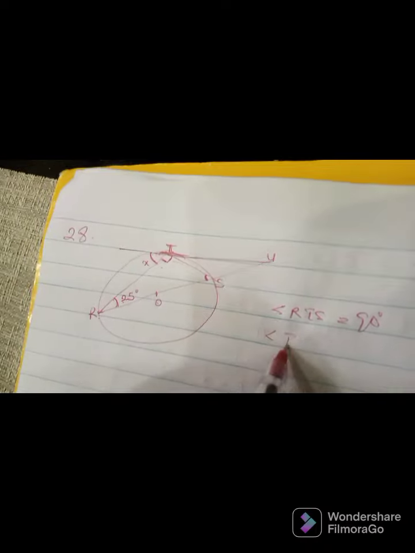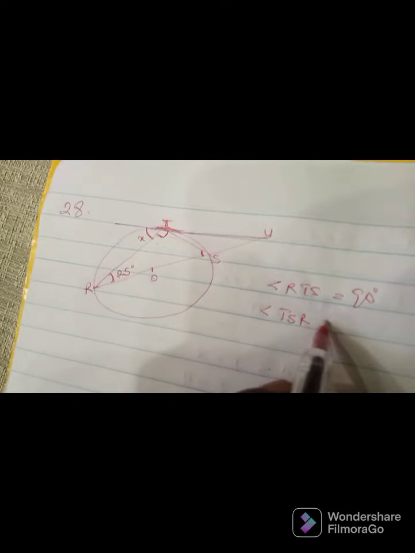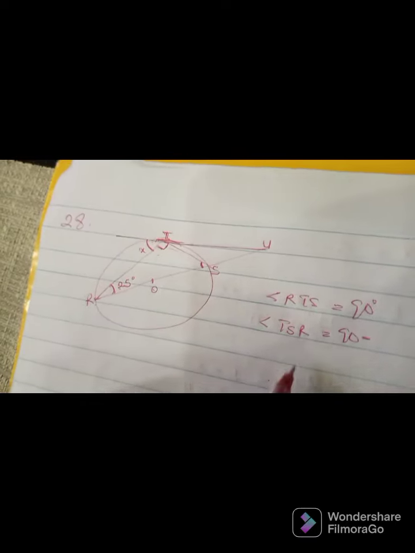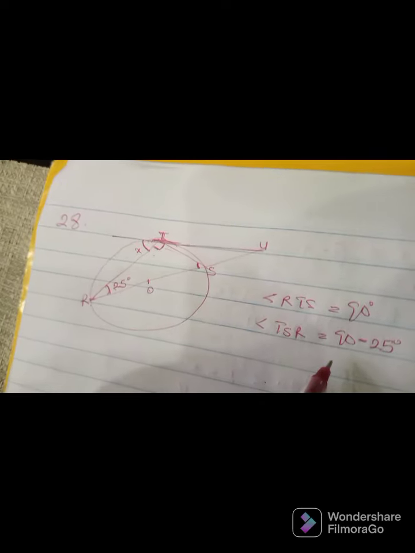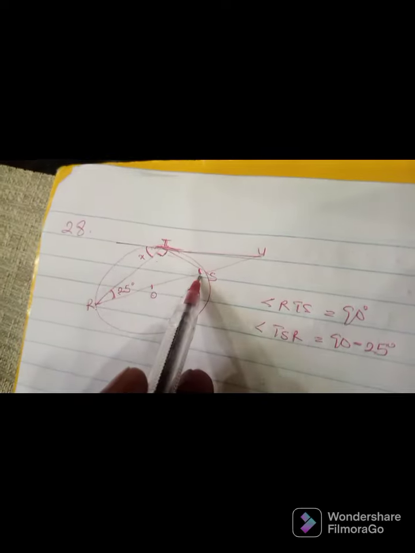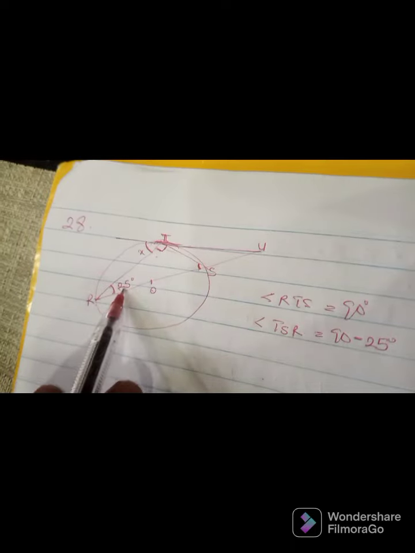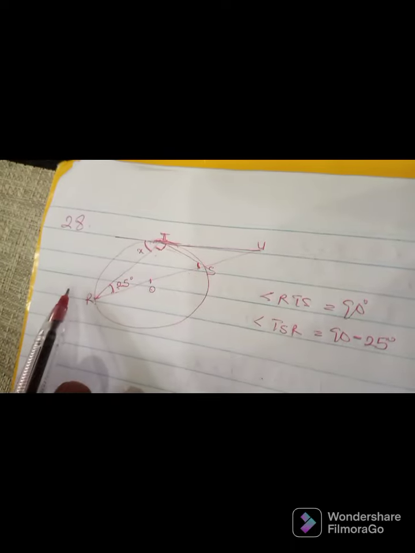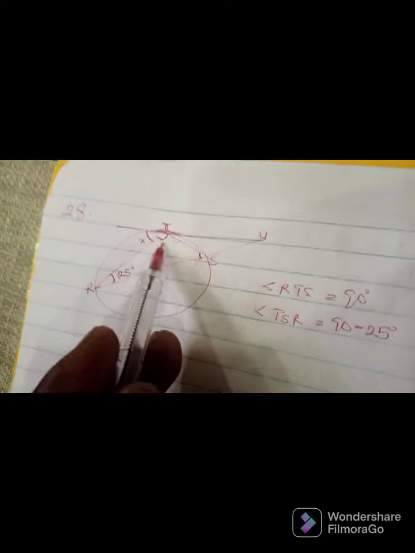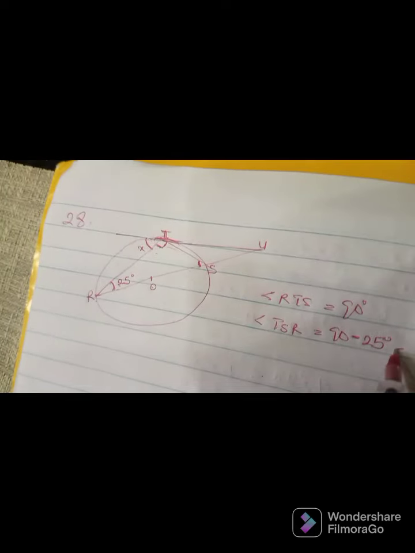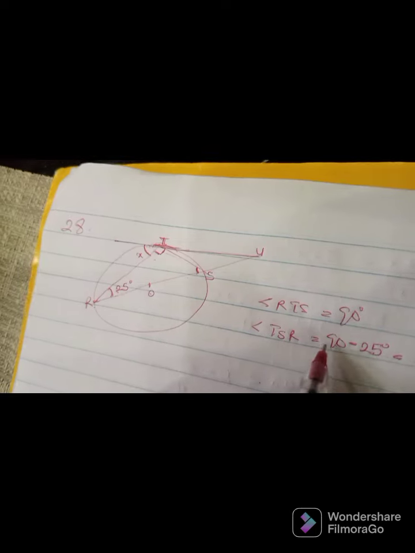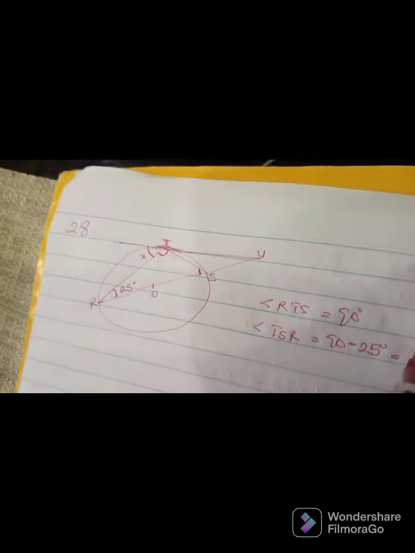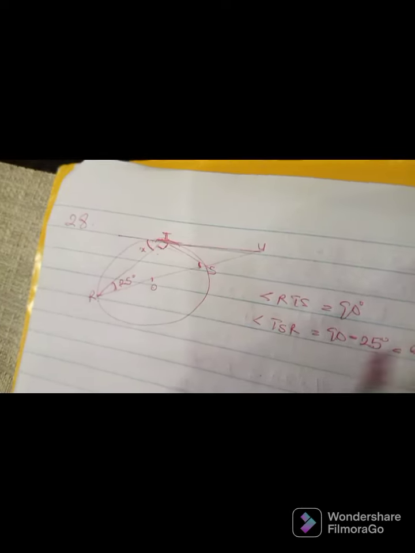So that means angle TSR is equal to 90 minus 25, complementary angles. This angle at S and the angle at R, they are complementary because their sum will be 90. And the reason is that the angle here is 90. So that will now give me 90 minus 25. So 90 minus 20 is 70. 70 minus 5, that is 65 degrees.